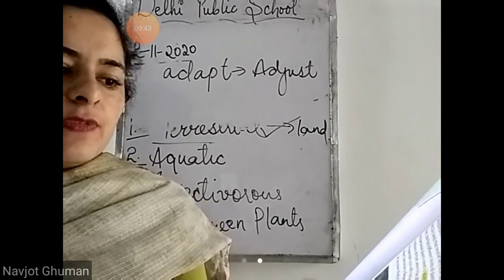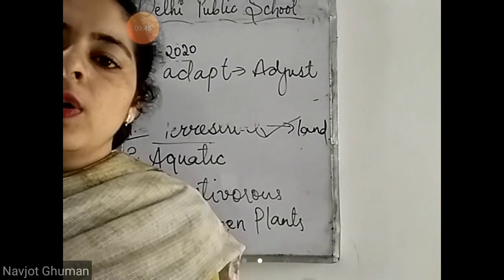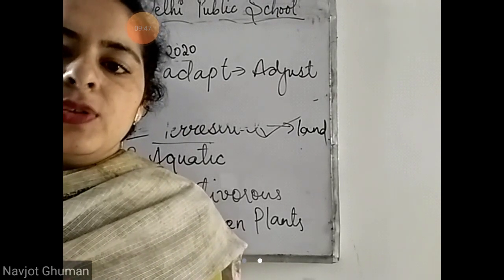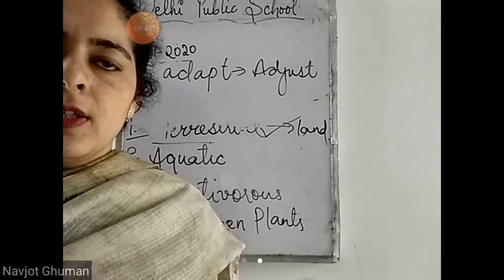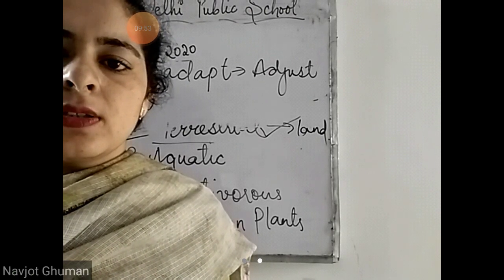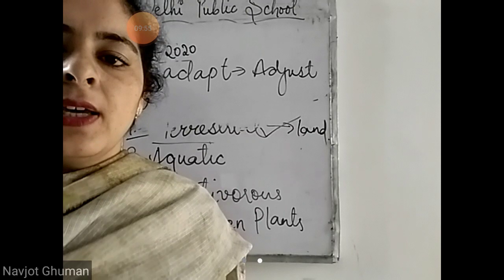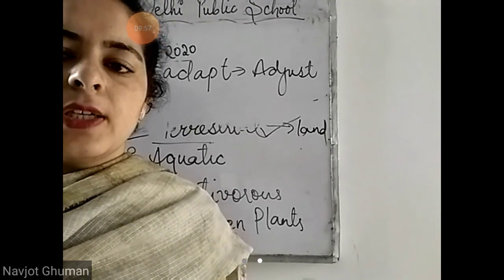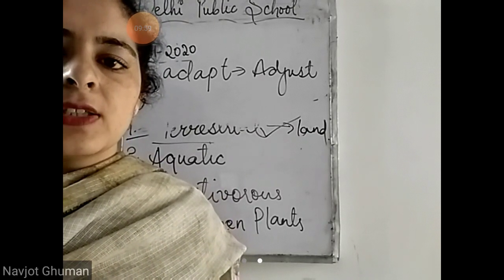Let us now study the features of plants found on land. You see coconut trees near the seashores, where a lot of water is available to the plant. If you grow that coconut tree in a desert area, will it grow there?